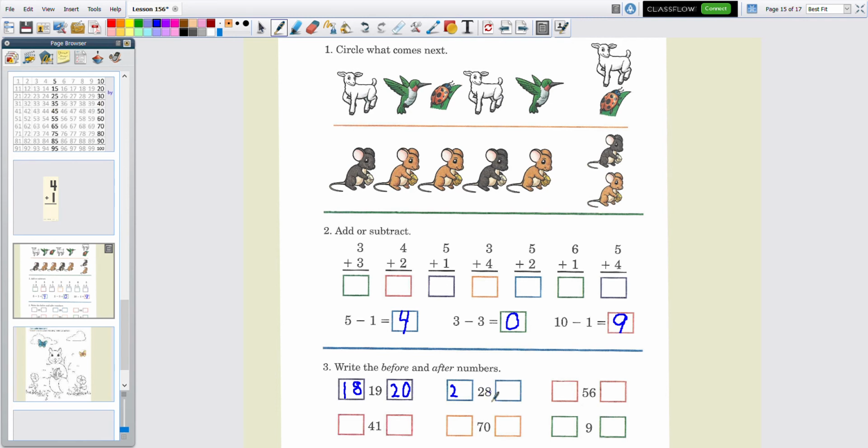If you have 8 and you take 1 away, it would be 7. I hope you're getting this before I do. So we have 27, 28. This one would be 2, what? 27, 28, 29. It's the same as counting. 27, 28, 29.